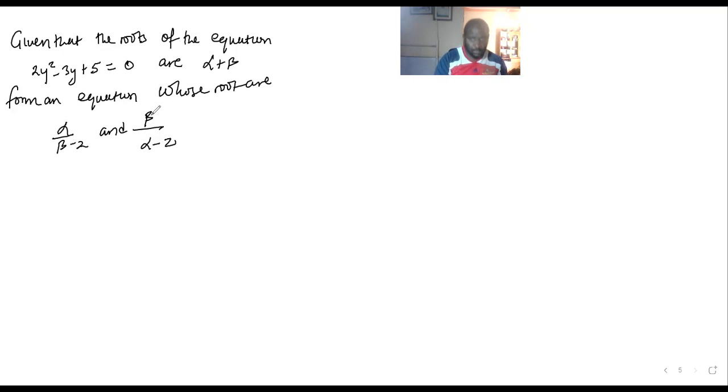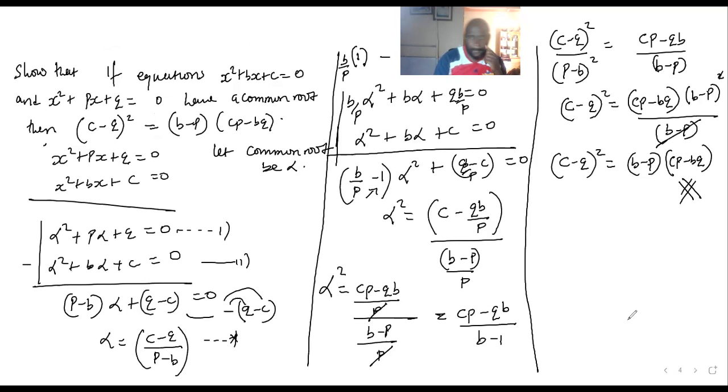Say the previous number. How did we get that, c minus q over p minus b, both of them squared? Now, do you remember we saw alpha in the beginning?